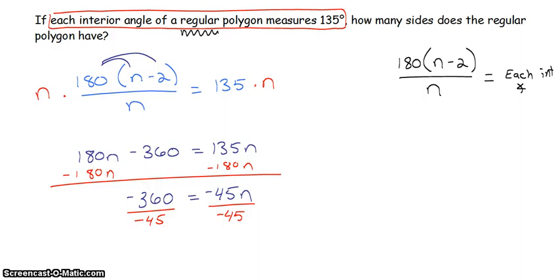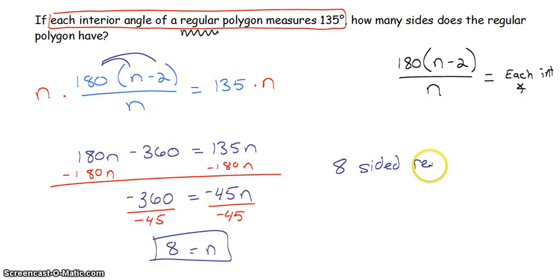A negative divided by a negative is a positive, and n equals 8. That tells me this polygon is an 8-sided regular polygon, or a regular octagon.